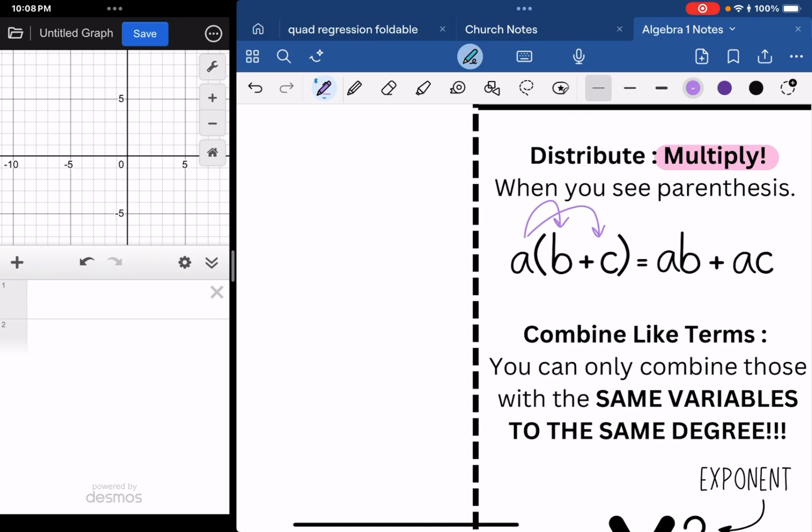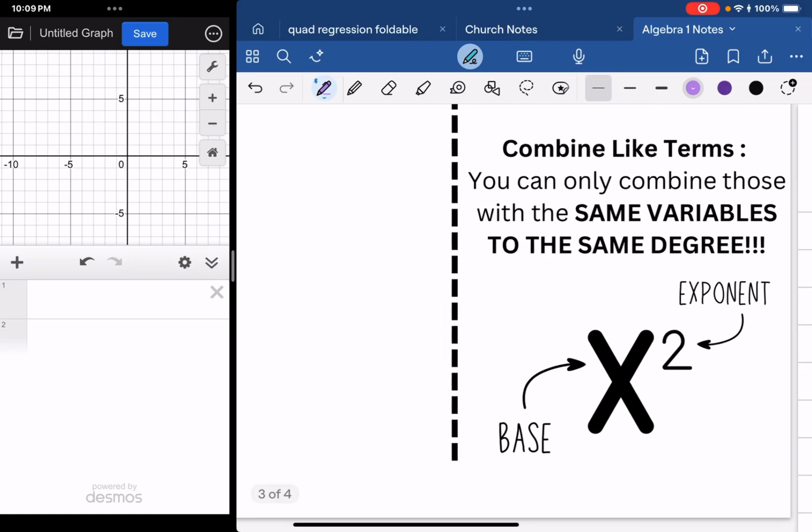And when I am distributing this A to everything, I'm going to multiply them, okay? So again, you should only be distributing something inside the parentheses, just like I would only distribute class notes to everyone inside of my Algebra 1 class. I wouldn't distribute a Algebra 1 note to someone in geometry, okay?